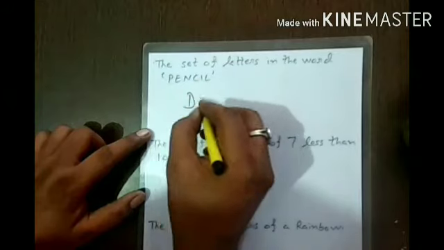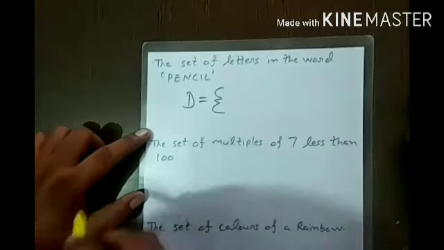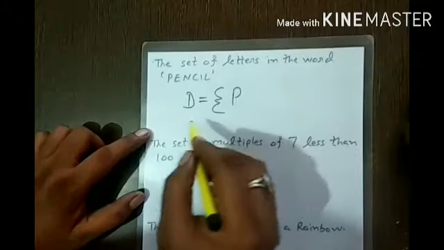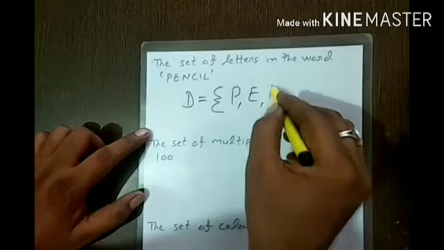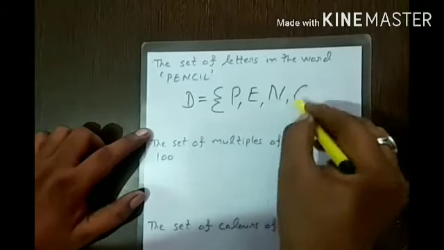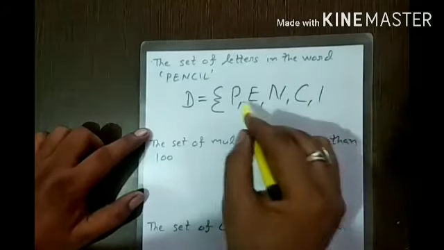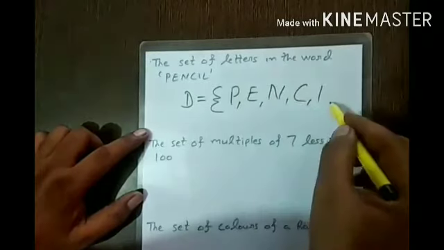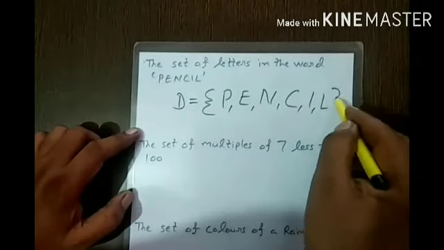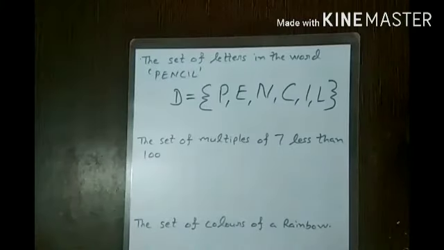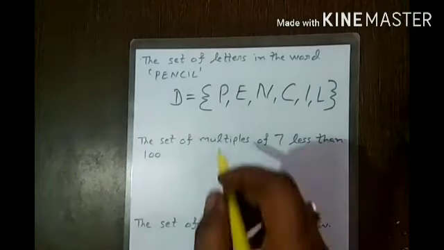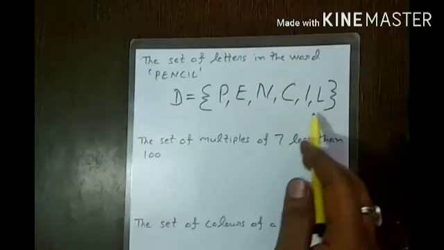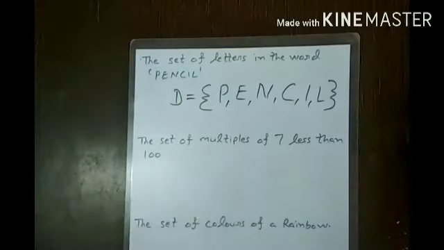I will take this as the set D. Now the first letter is P and after that E, then the next one is N, then C, after that I. You see P, E, N, C, I all are different, and in the end L. Here we have written all the alphabets from the word pencil, since all are different, therefore I have to write all the letters in the word pencil.